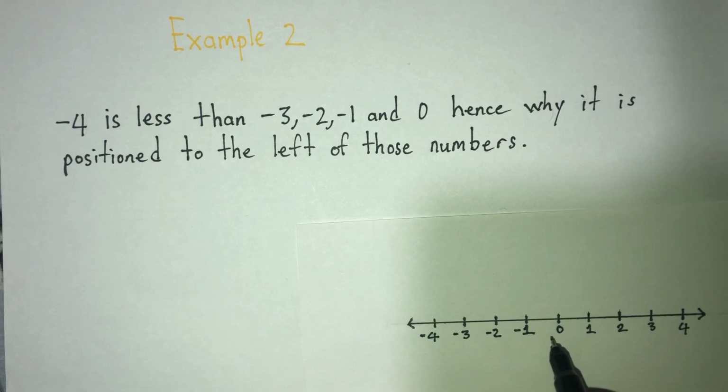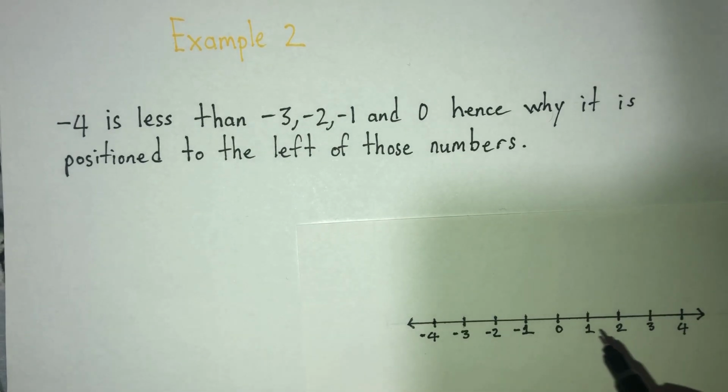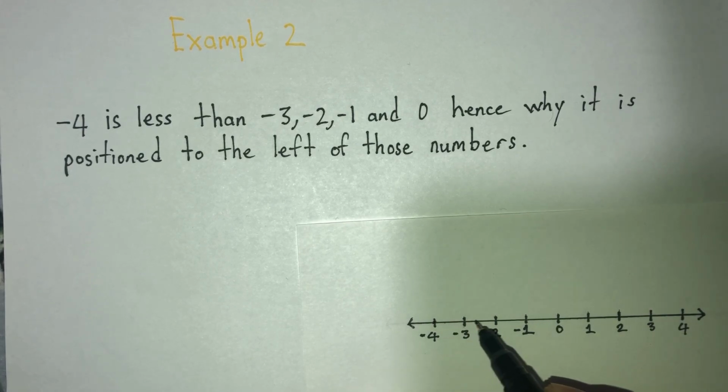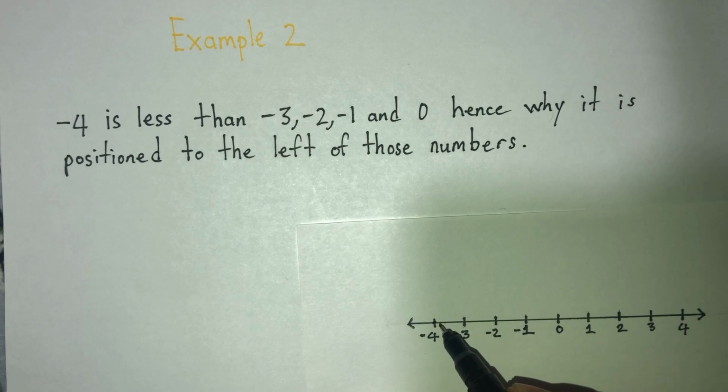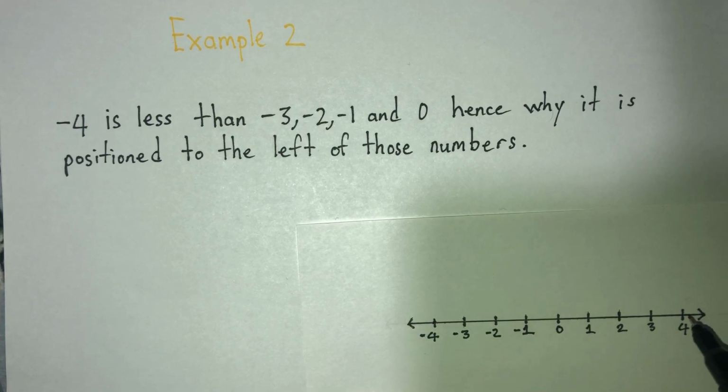So it is placed to the left of those numbers. One thing to note is as we move to the right of the number line, the numbers increase. And as we move to the left of the number line, the numbers decrease.